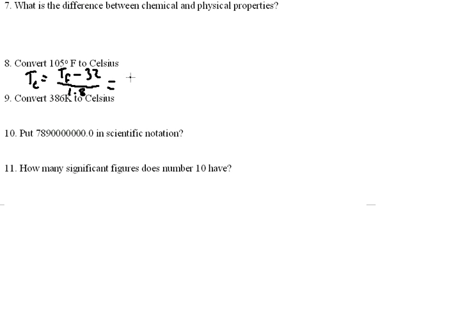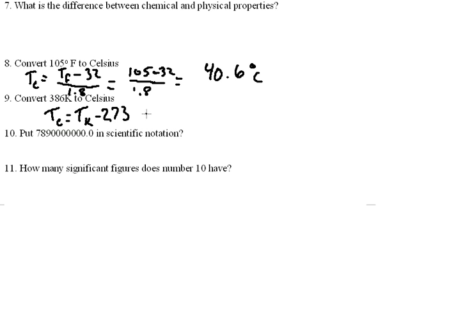And if we do the math, we plug in the numbers, 105 minus 32 all over 1.8. This should give us 40.6 degrees Celsius.